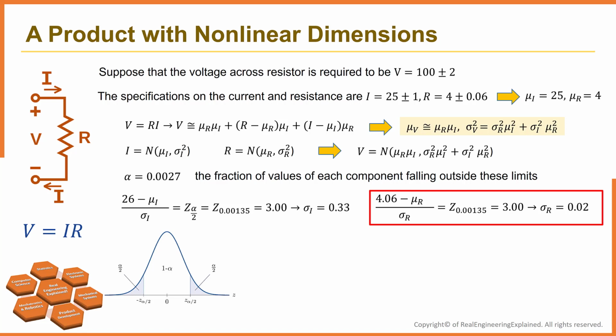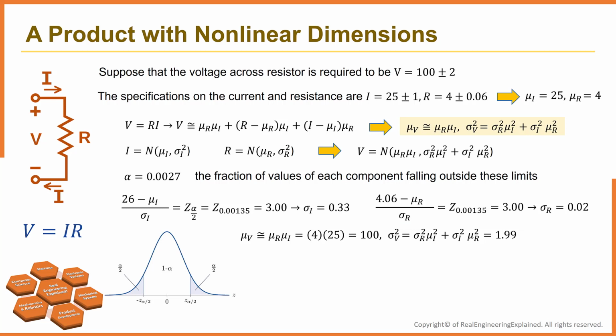From this calculation, sigma R equals 0.02. With mu R and mu I, we can find the mean value of voltage. And we can also find the variance of the voltage, which is equal to 1.99.